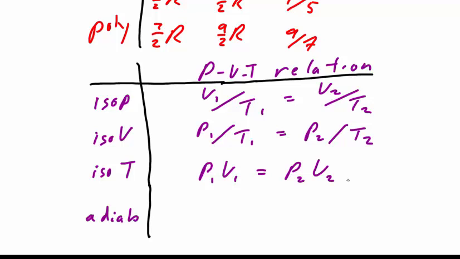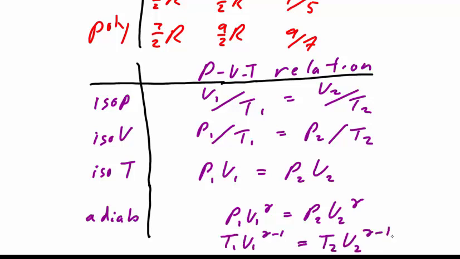One is a PV relationship, and the other one is a TV relationship. And these are as follows. P1 V1 to the gamma equals P2 V2 to the gamma, or T1 V1 to the gamma minus 1 power equals T2 V2 to the gamma minus 1 power.